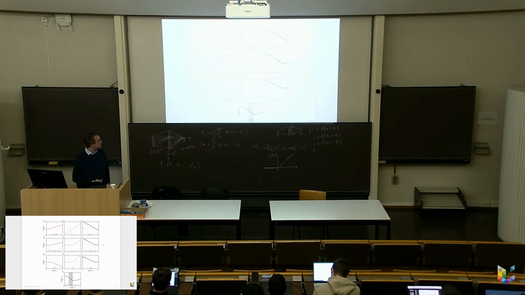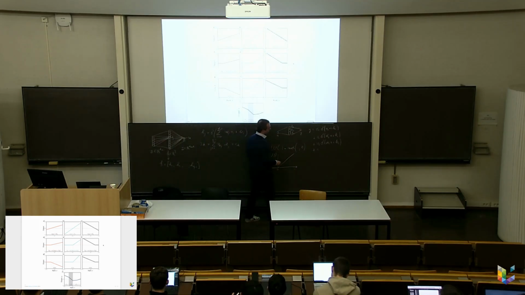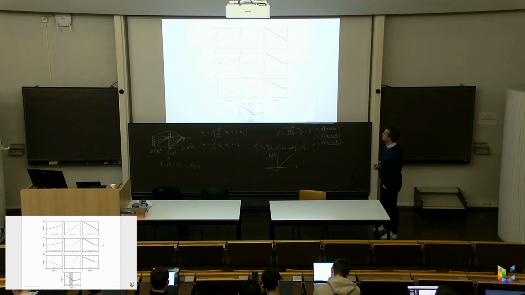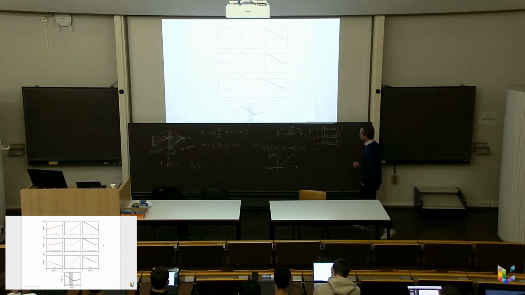Okay, so now visually, what's going on? Let's dissect this neural network element by element. Let's first look at these values. You see in the first row possible values for the inputs before the activation function.